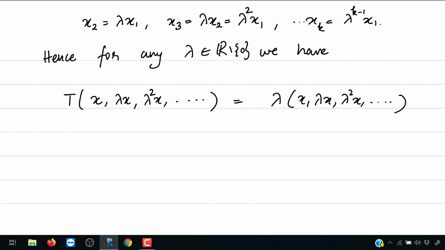So every real number hence turns out to be an eigenvalue for this particular linear operator T.